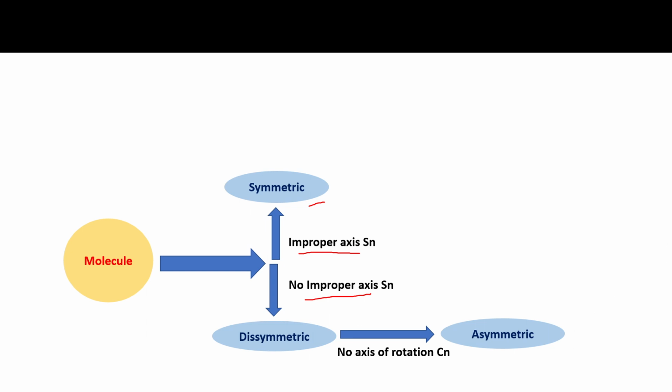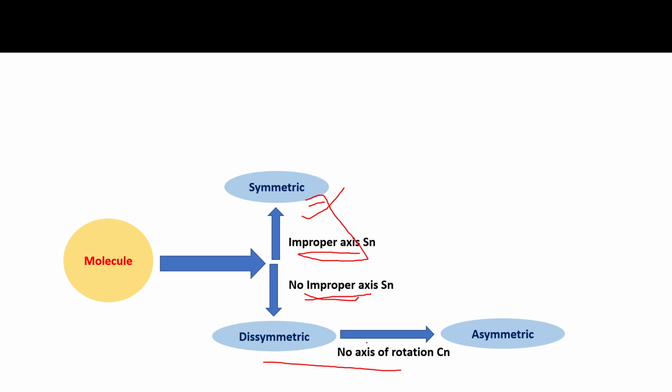If the molecule has C2 symmetry, and after the axis of symmetry and then mirror image it keeps the exact same molecule as the first one, then this molecule has an improper axis of symmetry, and it is an example of a symmetric molecule. And if a molecule doesn't have any improper axis, then it is an example of a dissymmetric or asymmetric molecule.